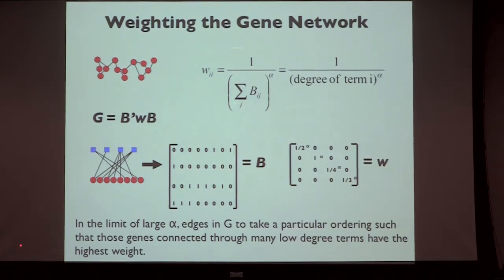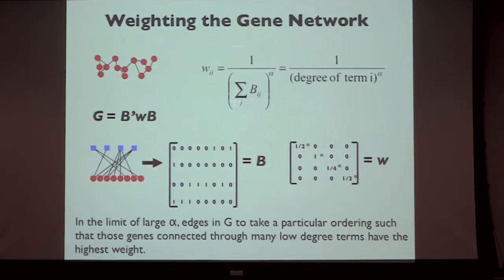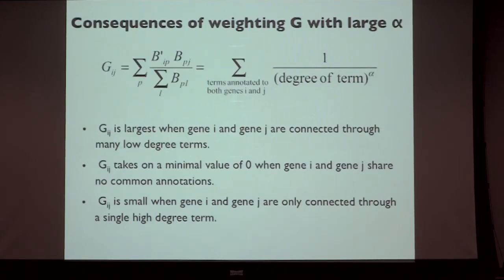So, in the limit of large alpha, edges in our gene-gene interaction graph take a particular ordering such that those genes connected through many low-degree terms have the highest weights. So as alpha gets higher, it's the low-degree terms that become most important.